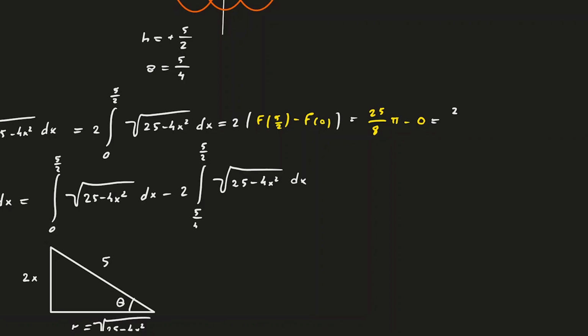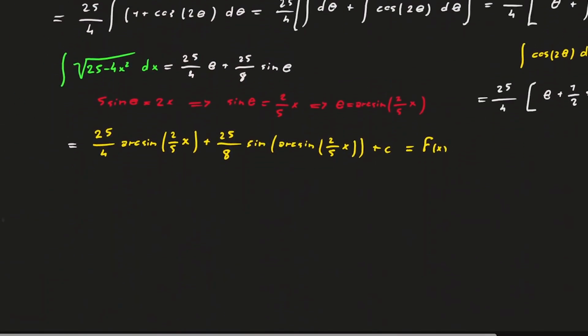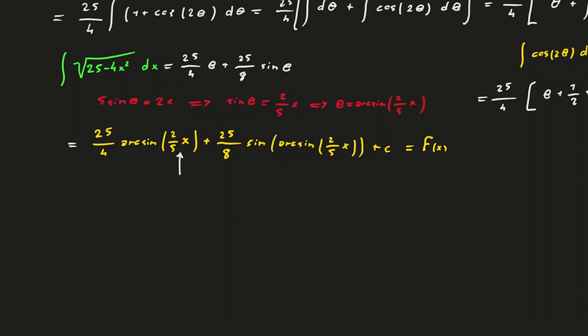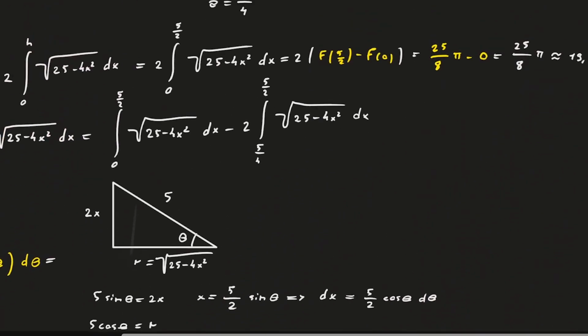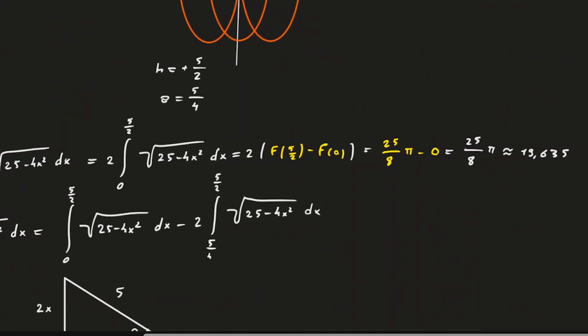So we get that this is 25 over 8 times pi, and this is approximately 19.635. We're lucky because we can get 25 over 8 times pi, because if we plug 5 over 2 here, we get the arc sine of 1, and we can get this magnificent precise result.